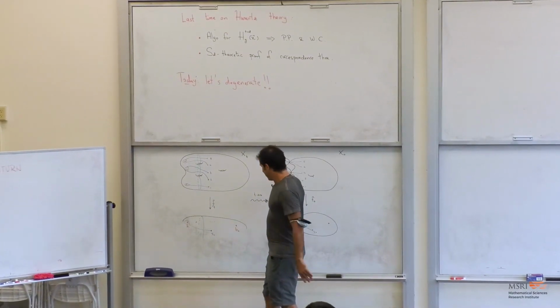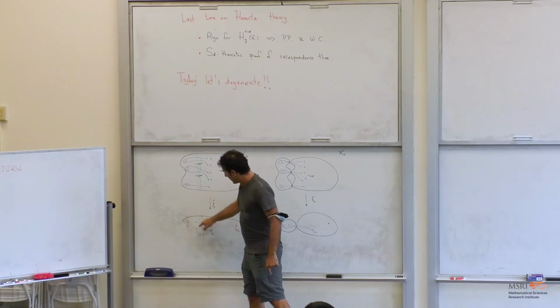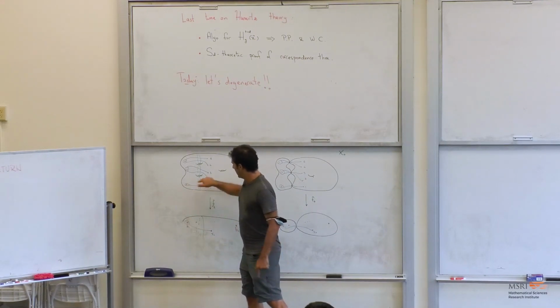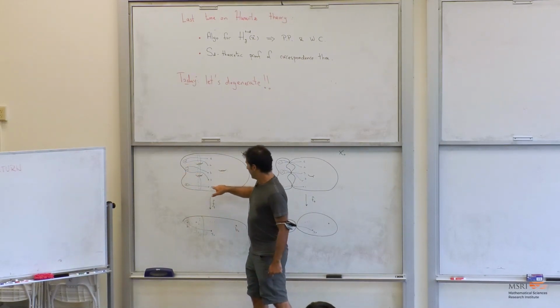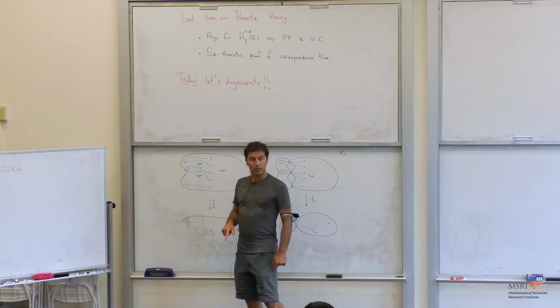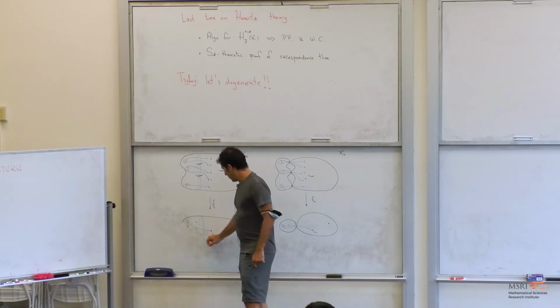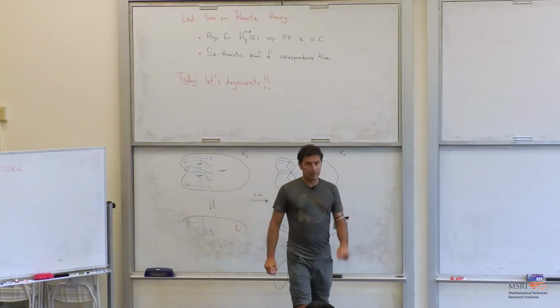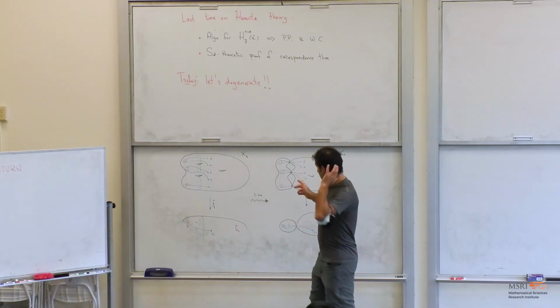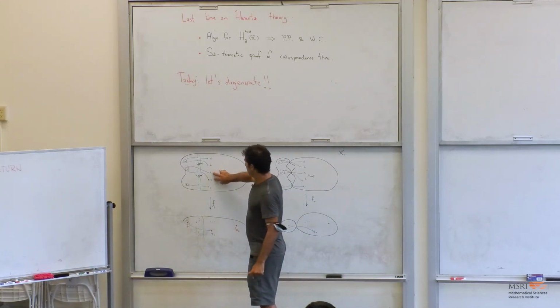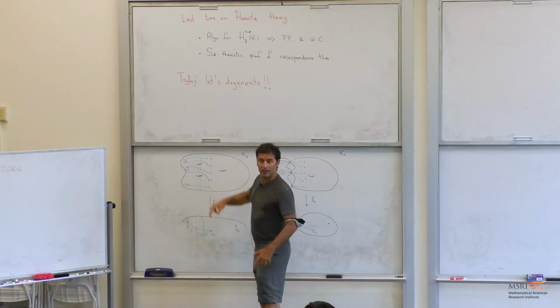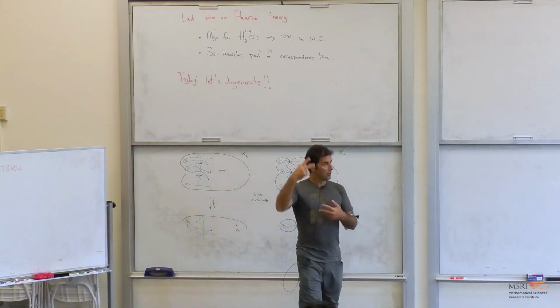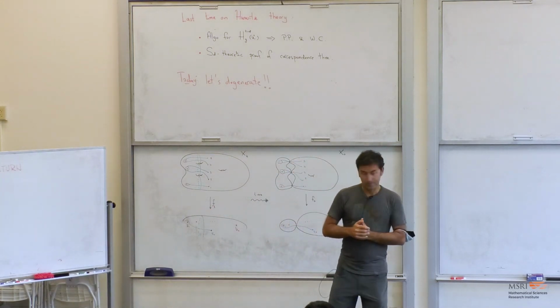What I've done here is highlight that I can take a loop around the branch point and lift it. This lift gives me a permutation associated to this element in the fundamental group. In this case, the permutation is (2 3)(4 5), which is two disjoint transpositions in S5.